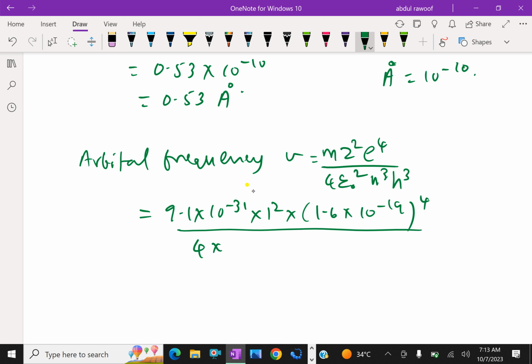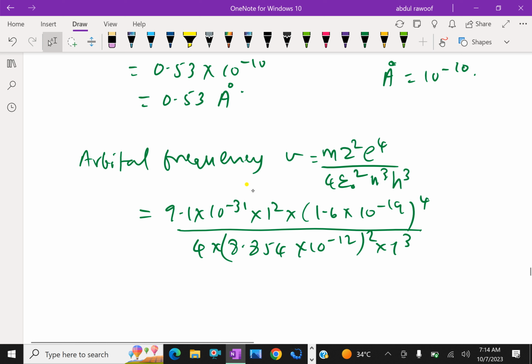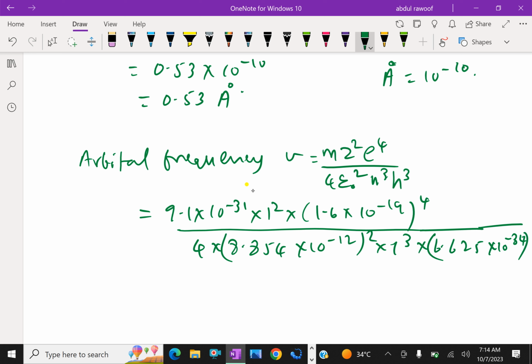Epsilon 0 is 8.854 into 10 power minus 12 the square, and n is 1, that is 1 cube, and h, Planck's constant, is 6.625 into 10 power minus 34 whole cube.